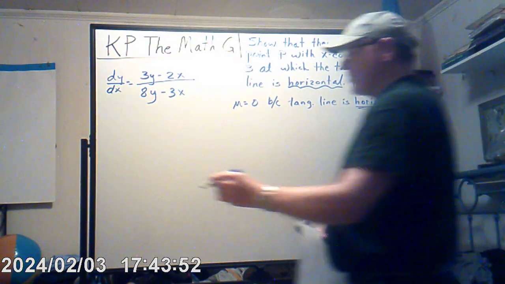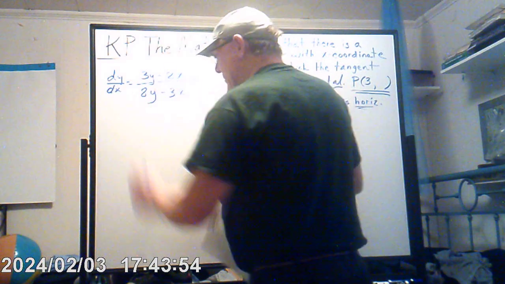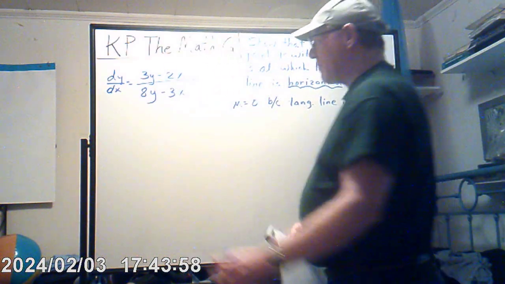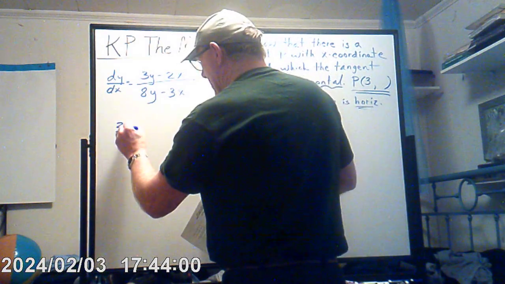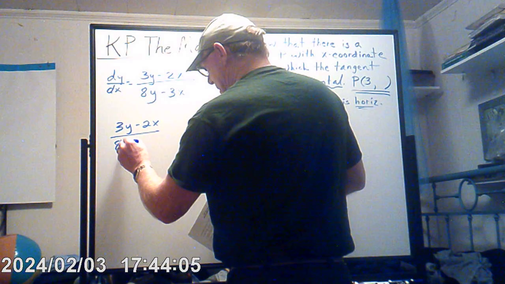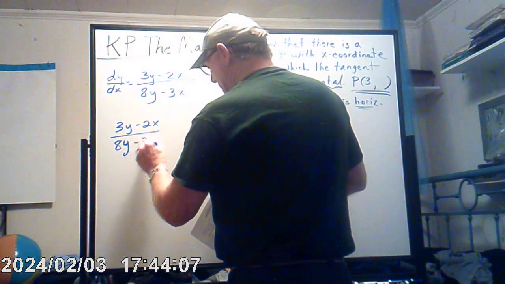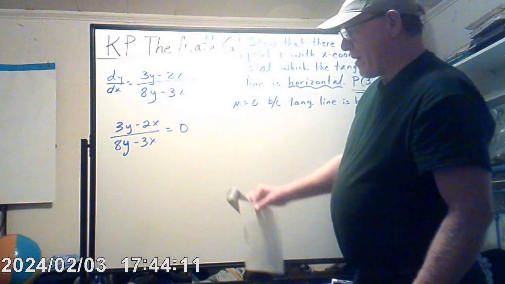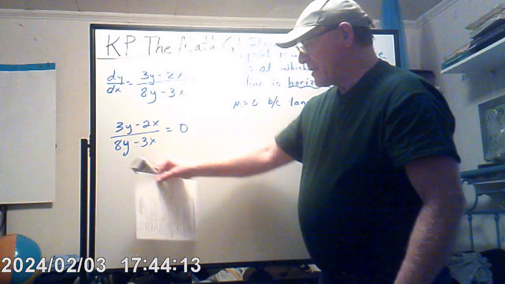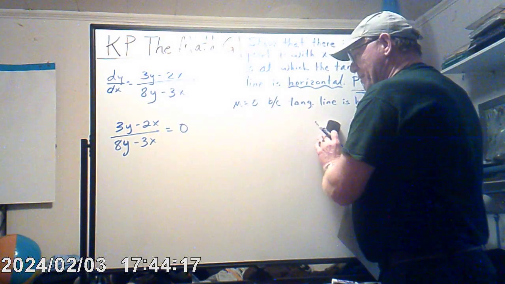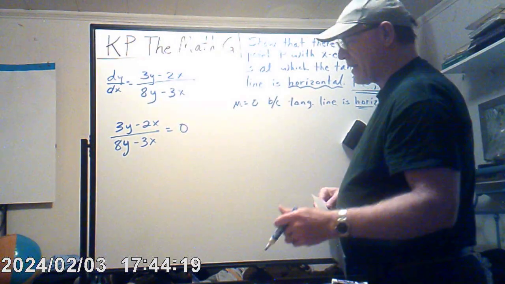So we're going to set this derivative equal to 0, because that represents the slope of the tangent line, doesn't it? So 3y minus 2x over 8y minus 3x is equal to 0. If we were to multiply both sides by 8y minus 3x, we would just be left with the numerator. Keep that in mind.